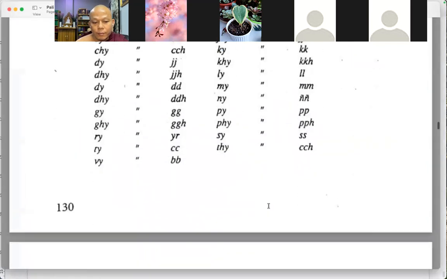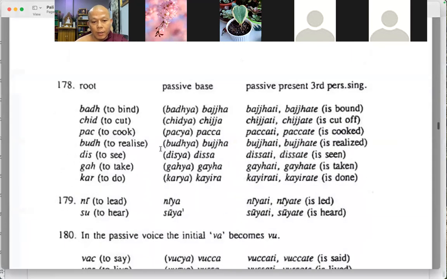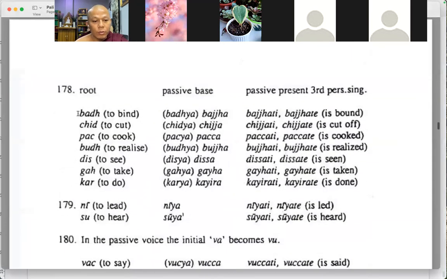Now here are examples. Rubad, because of daya, palatalization happened. Daya becomes jaja, so bijati is born. And cheat to cut: daya becomes jaja, so chejadi, a kind of palatalization.